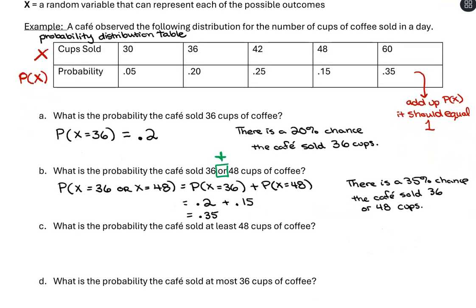All right. What is the probability the cafe sold at least 48 cups of coffee? So at least is setting a minimum value. That means I want to look at the probability we sold 48 or more cups of coffee. So 48 would be the absolute least, and then we would include anything above. My notation would be the probability that X is more than or equal to 48.